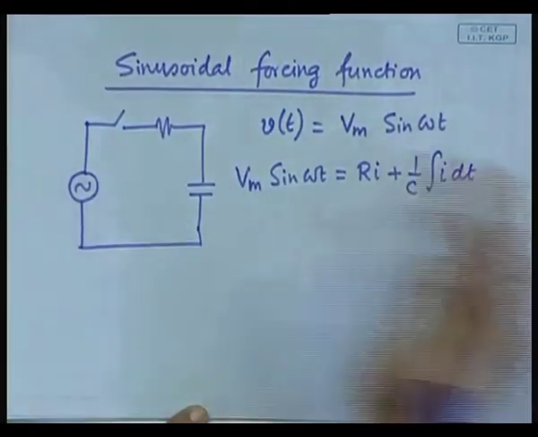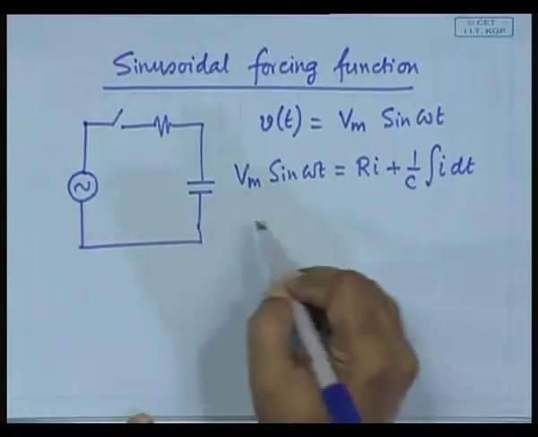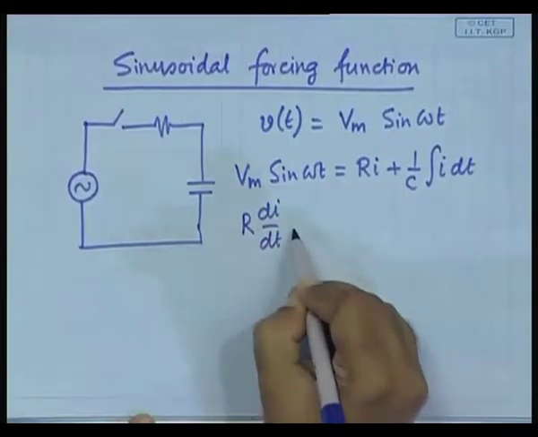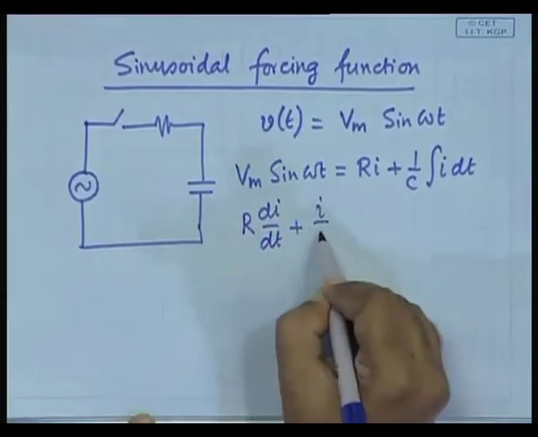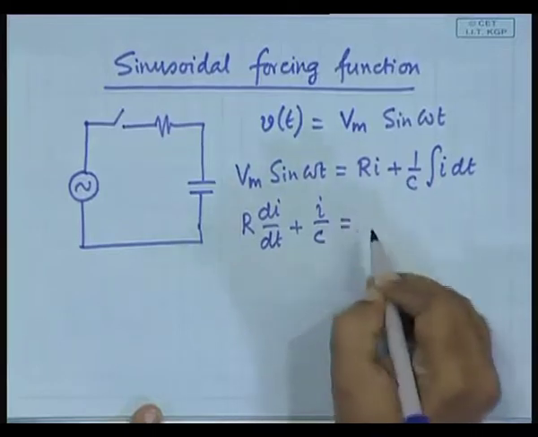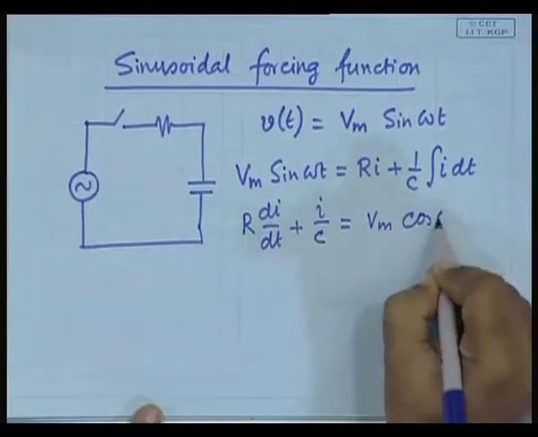This is uncomfortable, so let us differentiate. Let us write this in the left hand side. You have R di dt plus I by C is equal to V m cos omega t.